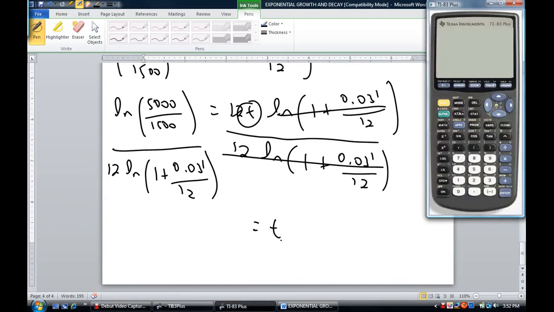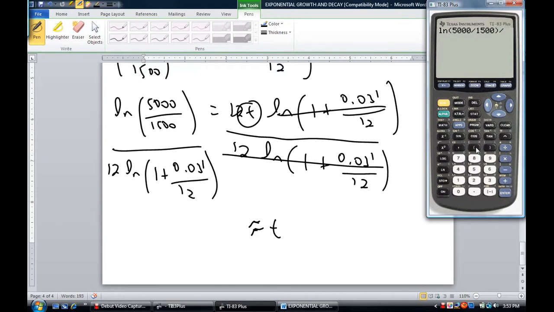Now let's see if we can find the decimal approximation for this, and make sure we can type it in correctly. So let's type in natural log 5,000 divided by 1,500. So that's one big number.